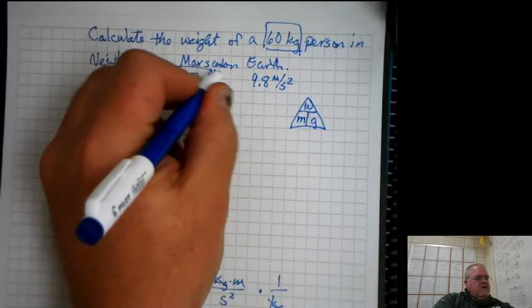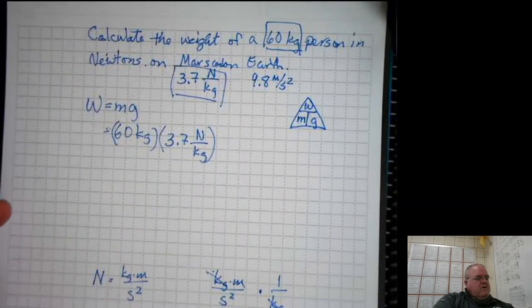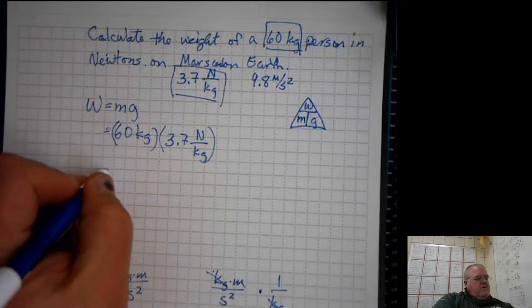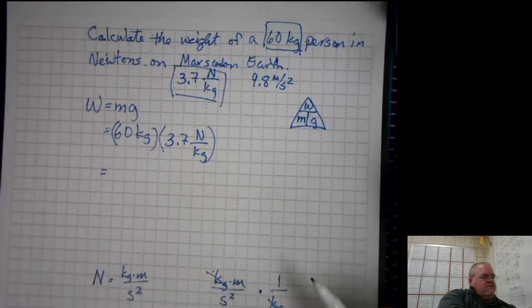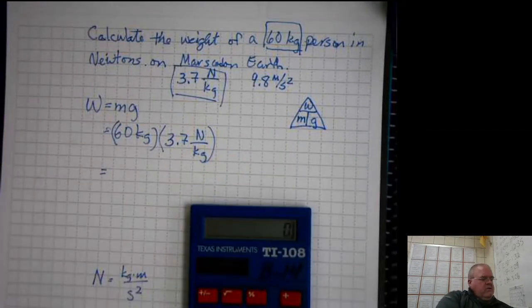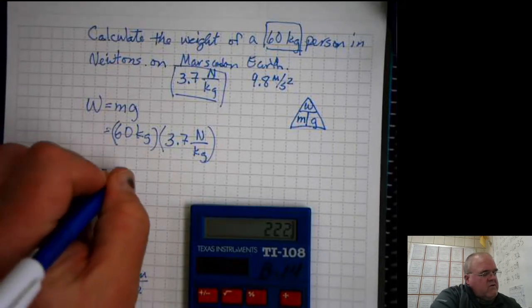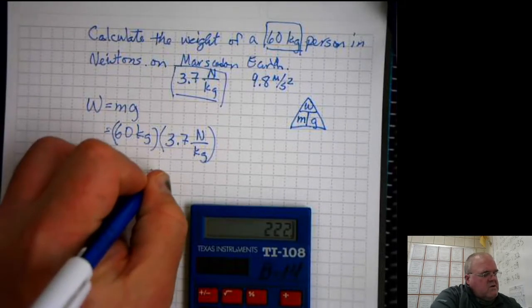This is this right here. So now I have 60 times 3.7. I put 60 times 3.7 in my calculator, and I get 222 newtons.